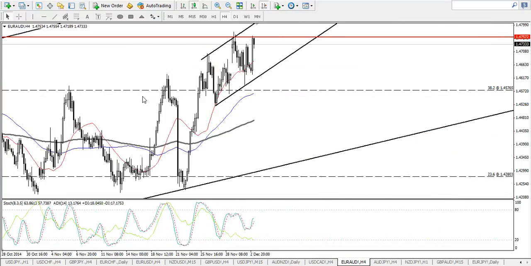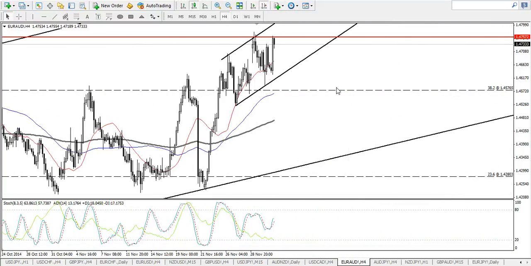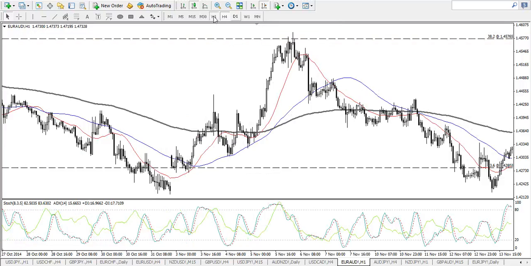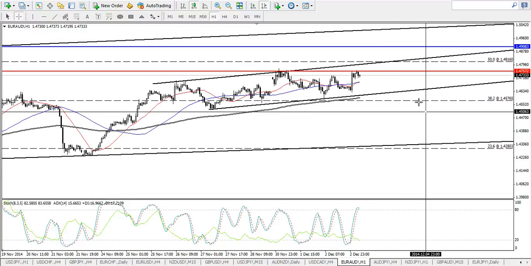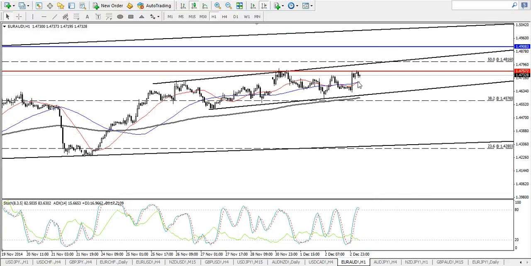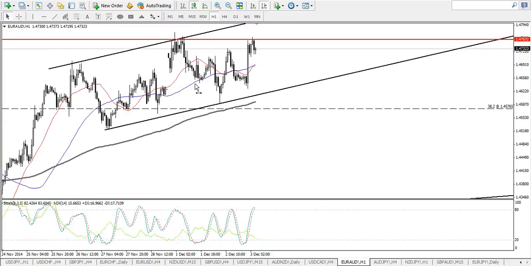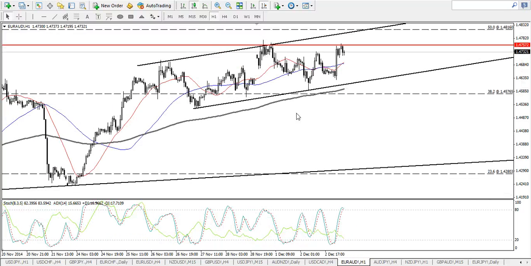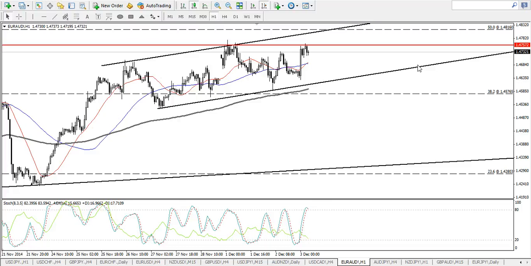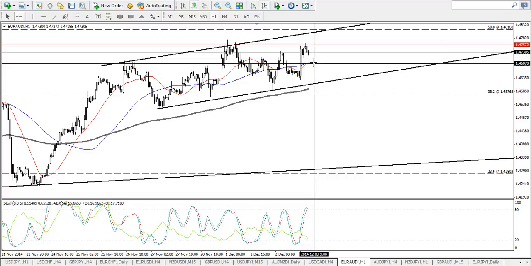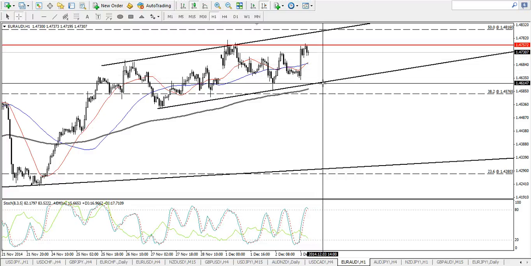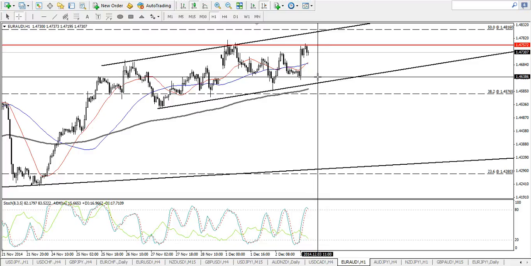And if you zoom into the 4-hourly chart, or rather the 1-hourly chart, because there is still quite a lot of profit to be made if we are able to capture the retracement. Therefore, if you zoom in on the 1-hourly chart, we do see that there's a minor rising trend channel forming over here. And if you want to capture this trade in time, then wait for price to touch the bottom of this minor rising trend channel and see if there's a setup for you to go for a long.